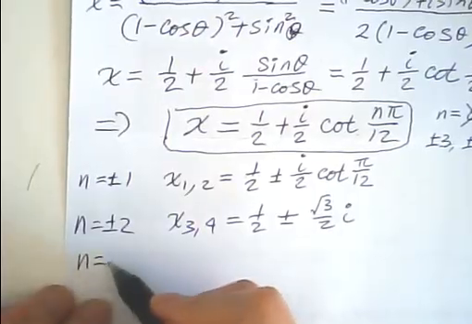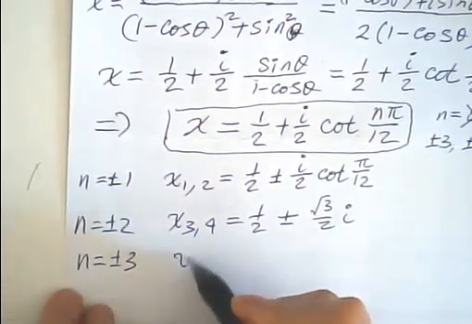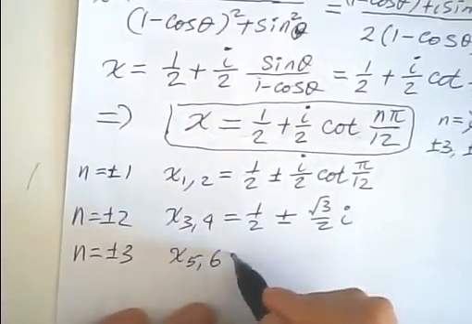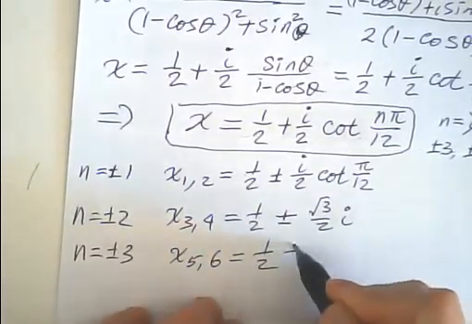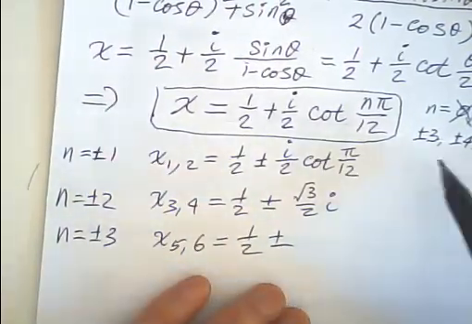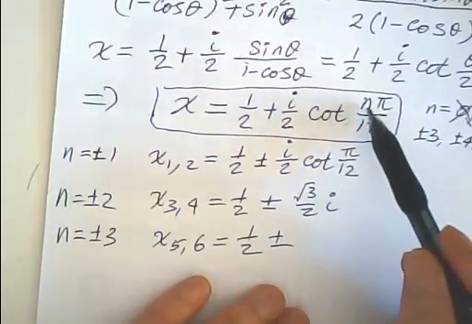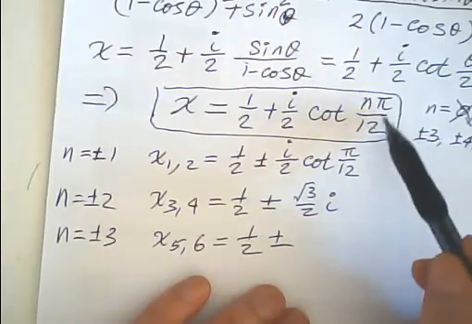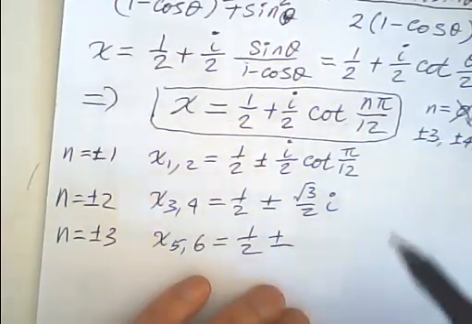And n equal to plus or minus 3, x5, x6 is equal to 1/2 plus or minus, n equal to 3, this is a quarter pi. Cotangent of quarter pi is equal to 1.